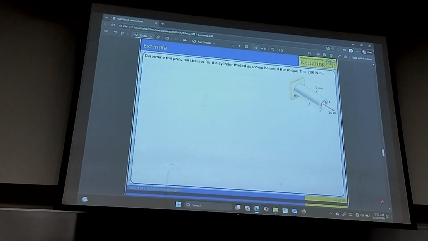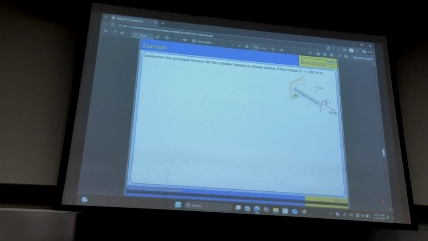Any other application? It could be really easy. Yes, like the shaft in your windshield wiper motor. You see, you're an engineer. Great, point to you. Any other application? What's the application for that?